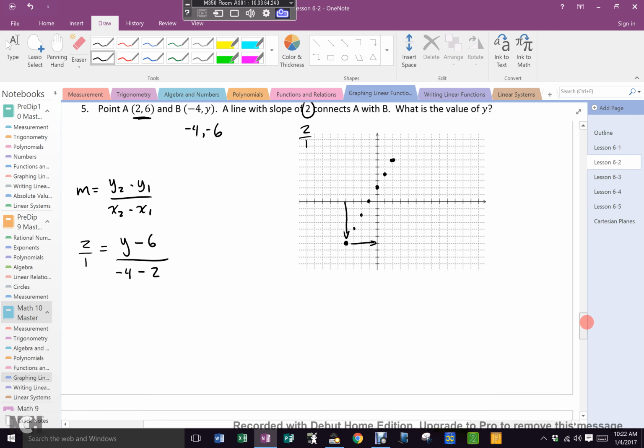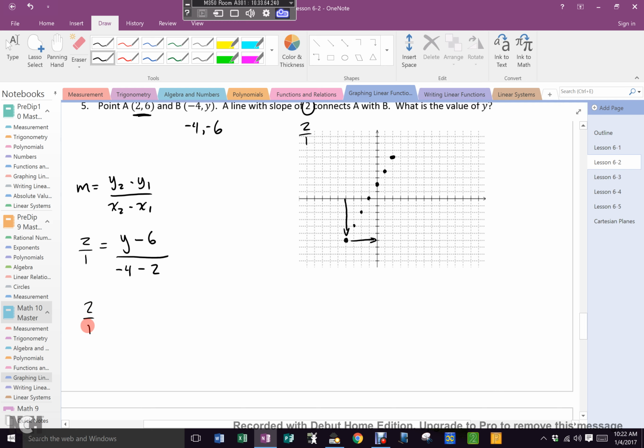So now I can do algebra here. 2 over 1 equals y minus 6 over negative 6, right? How do I solve that? Cross multiply. Y minus 6 equals negative 12. Y equals negative 6. Holy Toledo. I can do this with a graph, or I can do it with algebra.